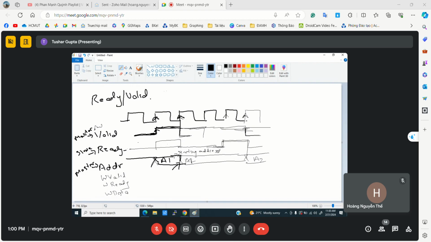It's the responsibility of the slave to further increment the address and store the data. Now let's say at this positive clock edge D1 is starting, at the next D2, then D3, and let's say we have only 4 beats, so D4.